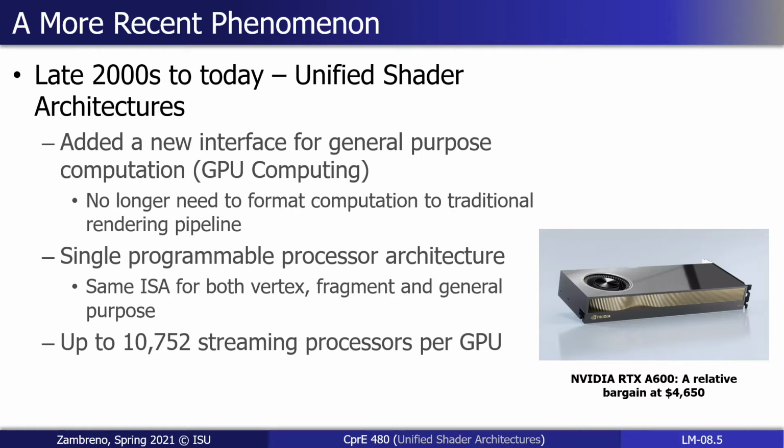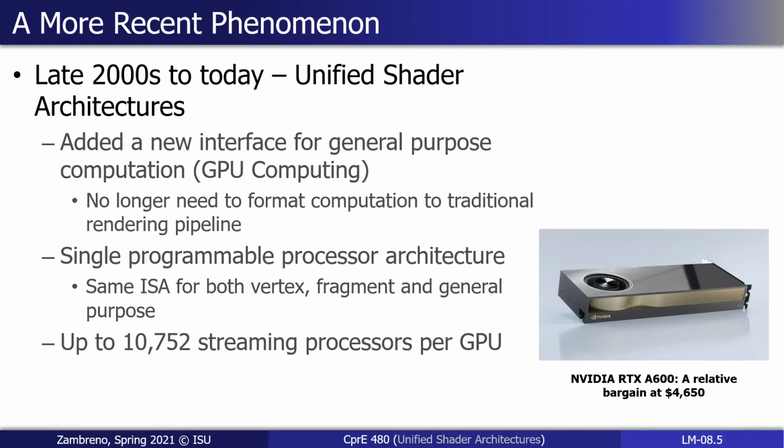We now welcome you to do computation on these devices. And here are programming languages, runtime environments. You can think of it as APIs and SDKs to do computing on these devices. So we no longer have to trick things into becoming textures for us. It's using the same exact hardware.